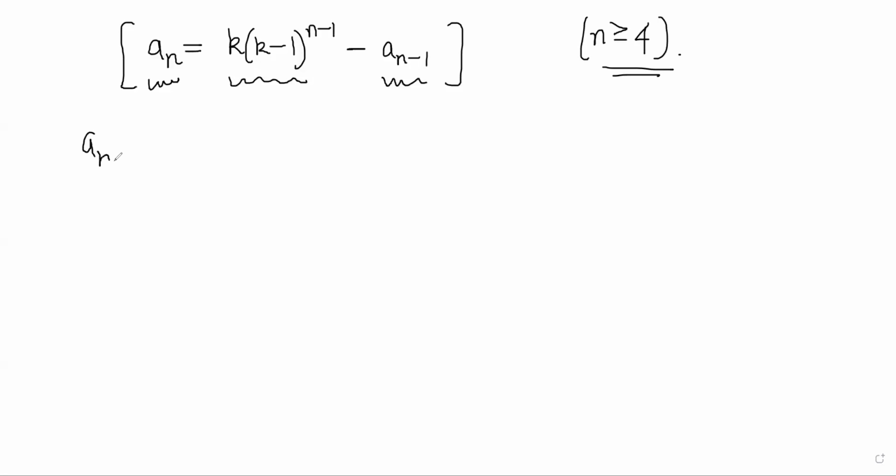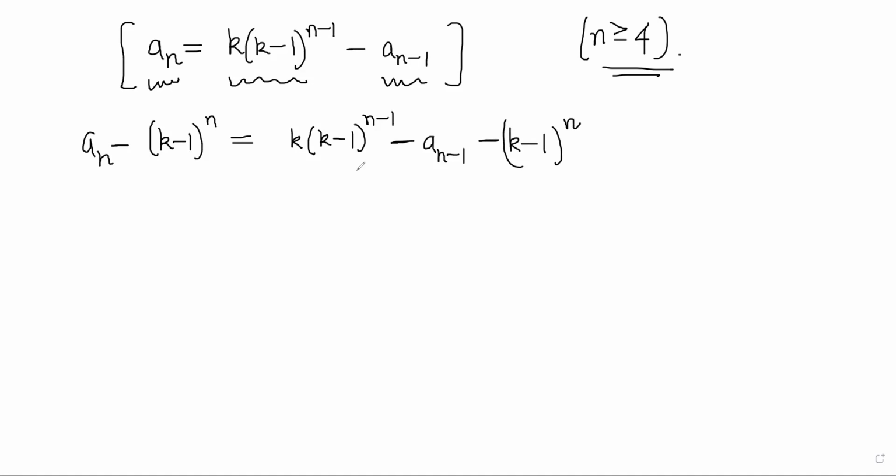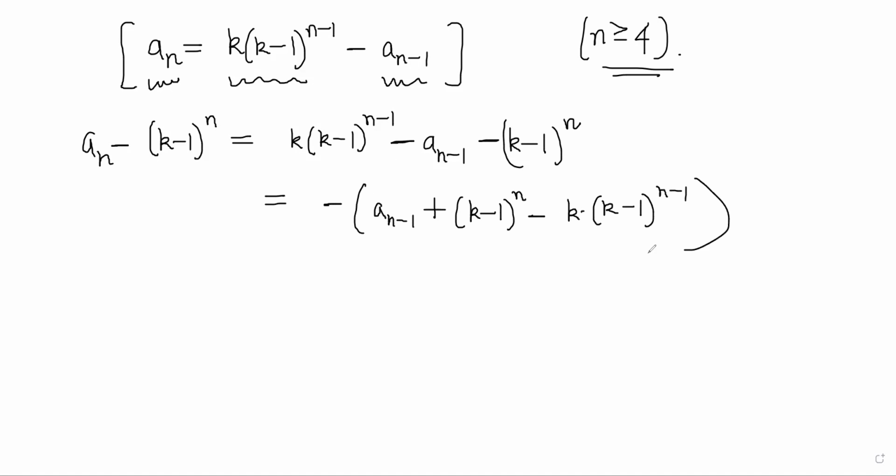So what I will do is a_n minus (k-1)^n. That will become k times (k-1)^(n-1) minus a_{n-1} minus (k-1)^n. So if you take a negative sign common here, you will get a_{n-1} plus (k-1)^n minus k times (k-1)^(n-1).